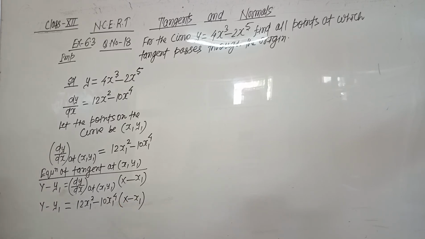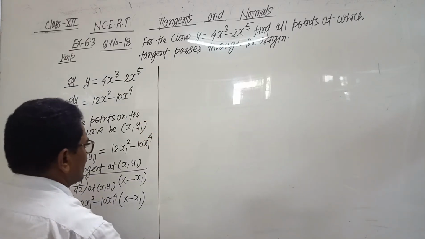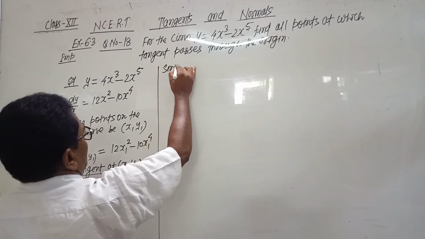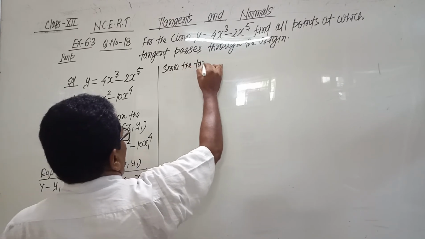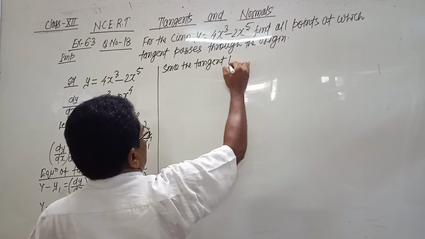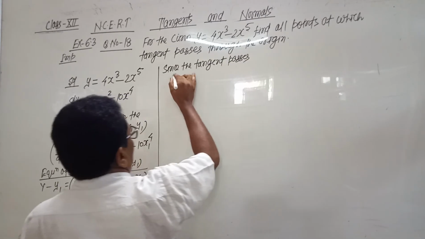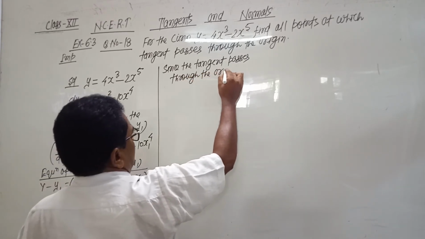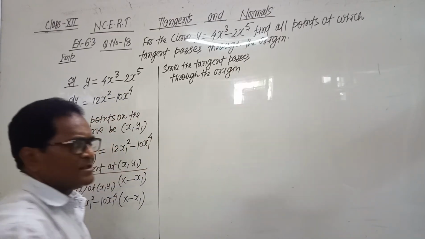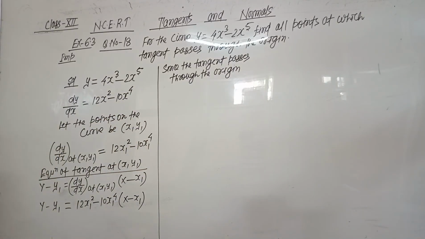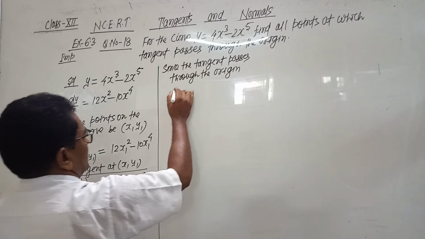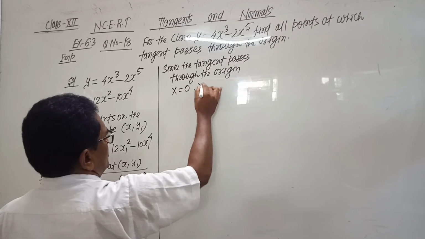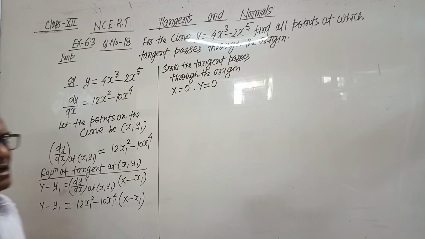Since the tangent passes through the origin, and capital Y and capital X are the coordinates of the origin, it means capital X equals 0 and capital Y equals 0. The coordinates of the origin are (0, 0).